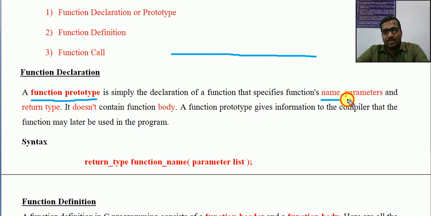Then we should have some parameters. We will see parameters in detail. Parameters are the additional information that we pass while calling a function. So the function name will be called with some information. Just understand, these are additional information to be passed.